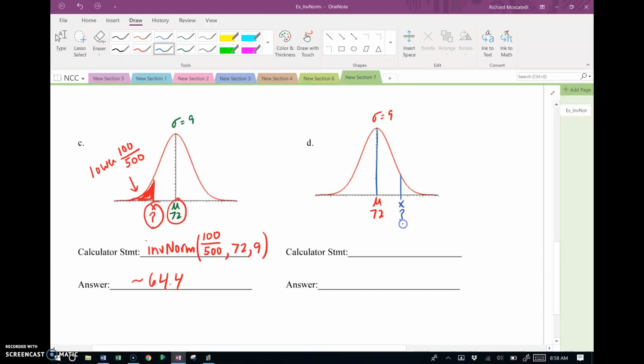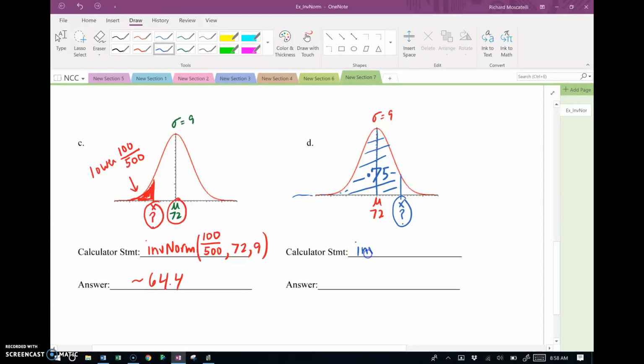But the one thing we know for sure is that this area in here is 0.75. So if I got this score right here, whatever it is, then I beat 75% of the people, or tied, naturally. All right, so this is just a fancy way of saying find the score that separates the lower 75% from the upper 25%.